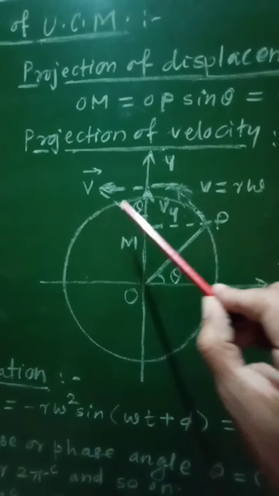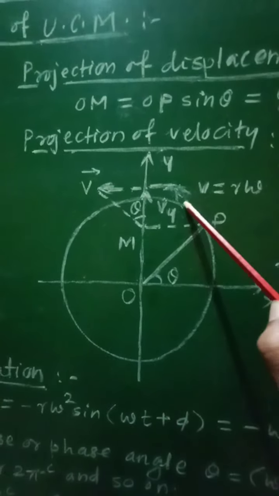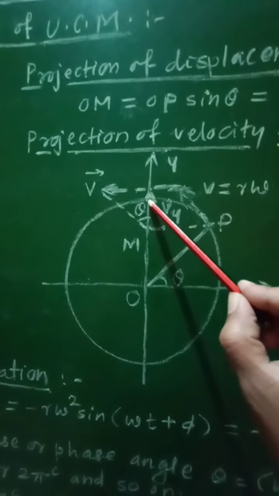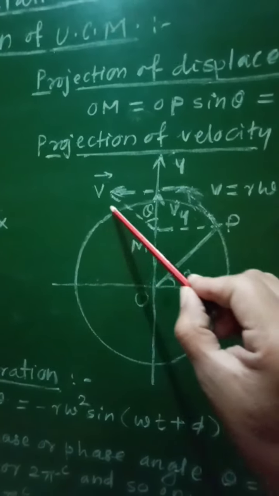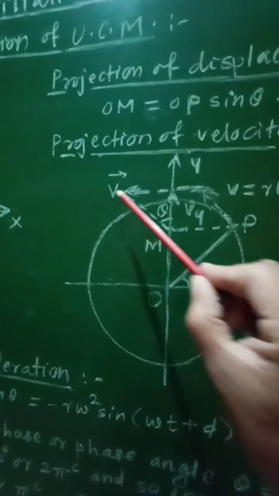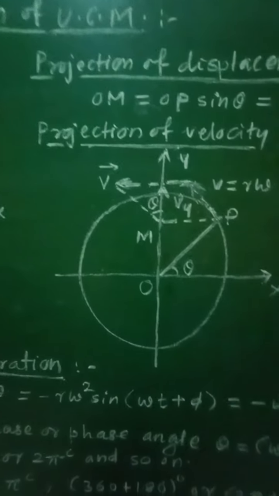So at each and every point this velocity will be tangential to the circle. Again at the topmost position the velocity will be along this direction, that is tangent to the circle.